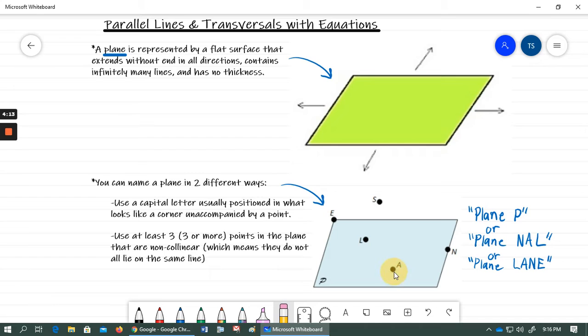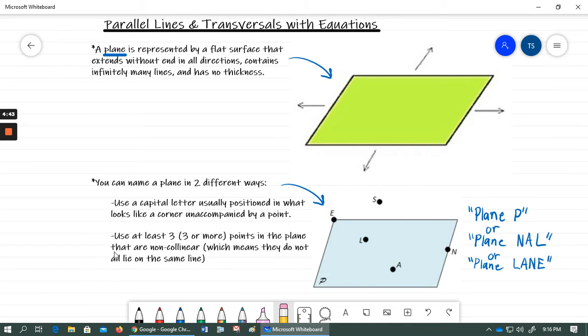You don't see a visible point beside that capital letter P. That capital letter is in what appears to be a corner of the plane, and it's not written with a visible point beside it. So you could name this plane, plane P.